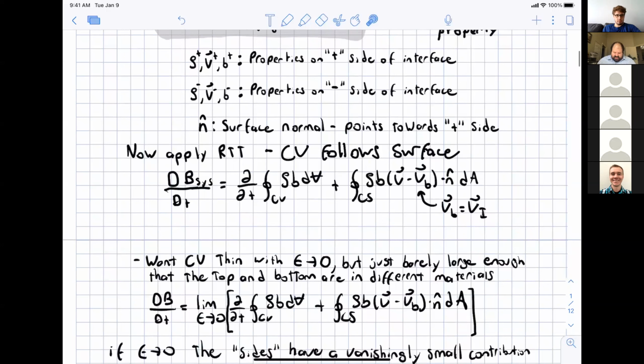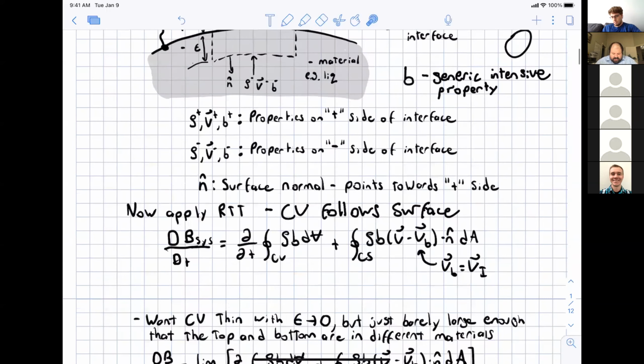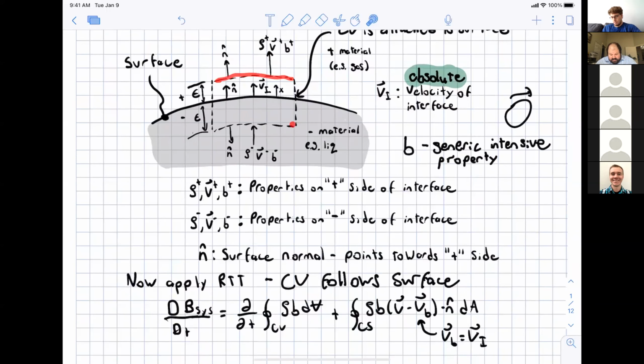Just to answer this question, we want a very thin CV, and we're going to take epsilon approaching zero. But as I said before, it's just barely large enough that the top and the bottom are in different materials.